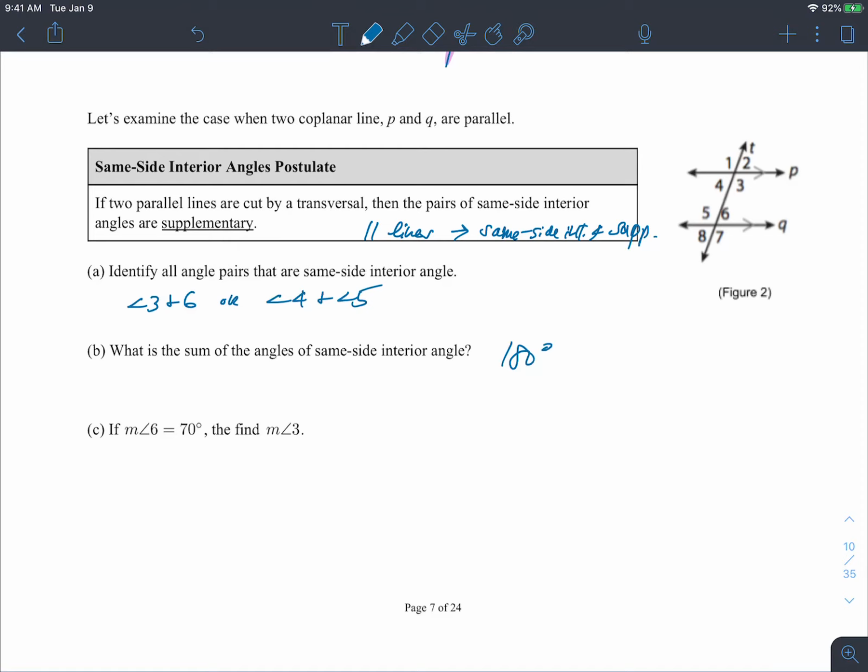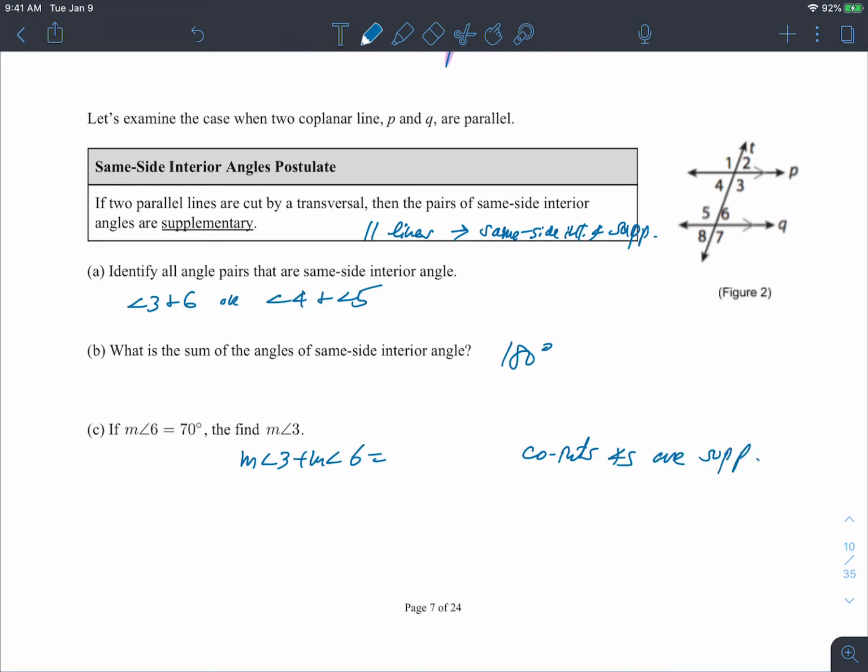So we're giving you information about 6 and we want you to find 3. So we need to find the relationship between 3 and 6. What is 3 and 6? That's right, it's same side interior angle, right? So we know that the measure of 3 plus measure of 6, co-interior angles or same side interior angles, are what?